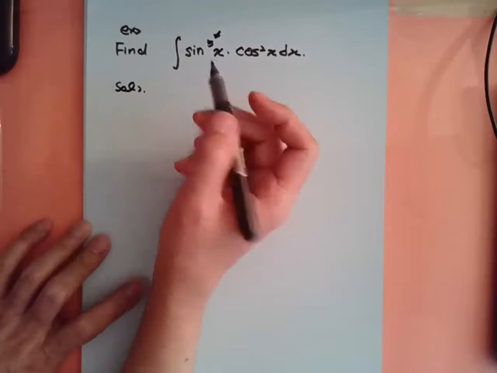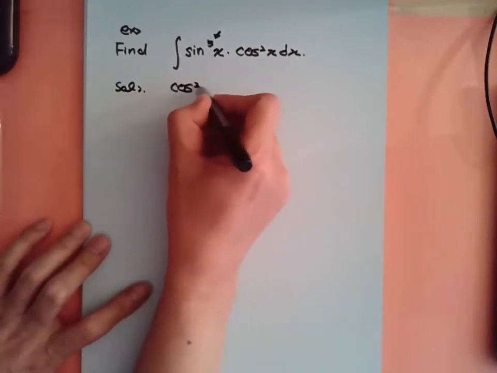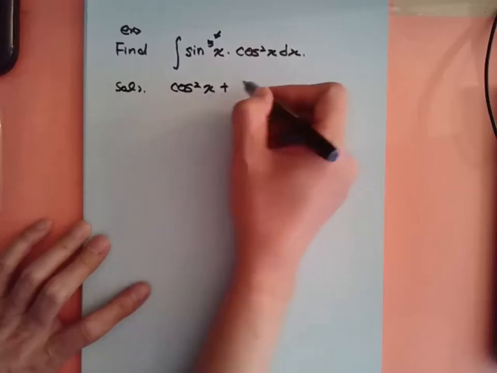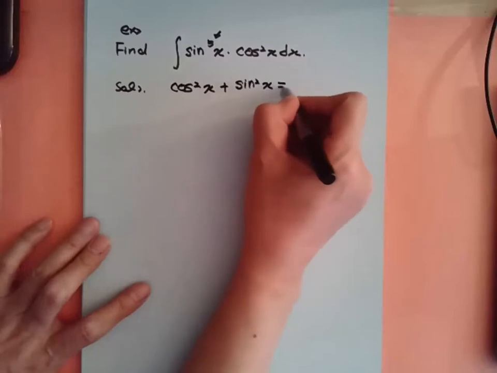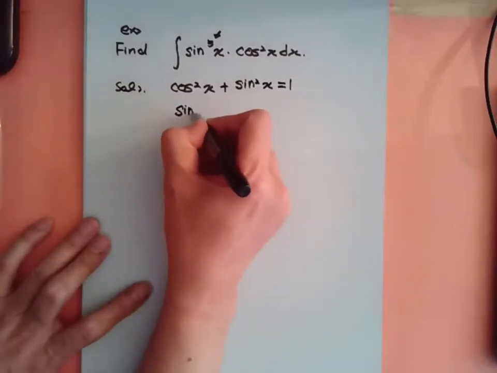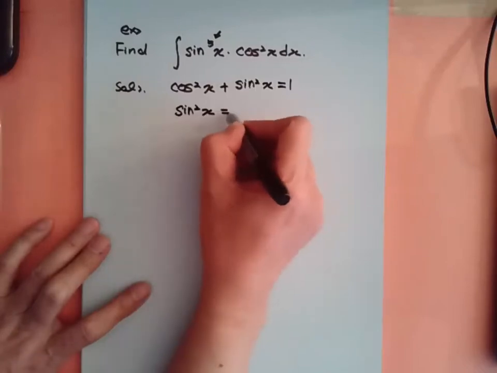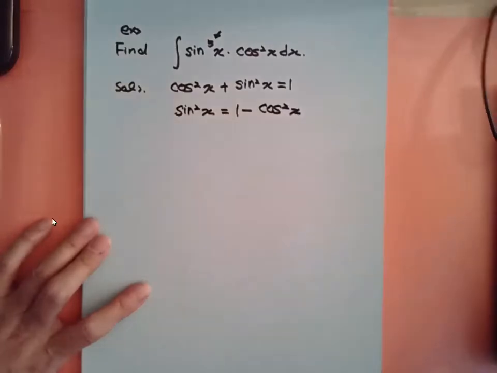Then what I said was you will think about the Pythagorean formula, and then you realize that sine squared of x can be written as 1 minus cosine squared of x.